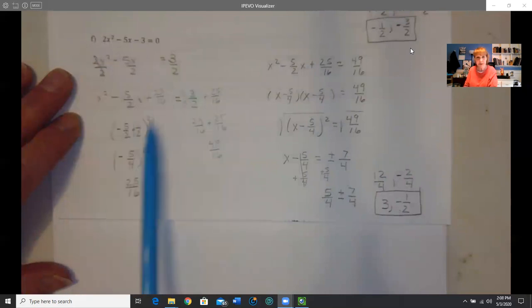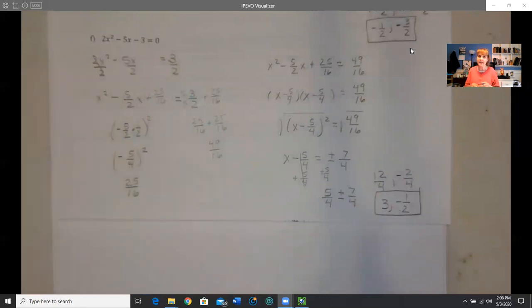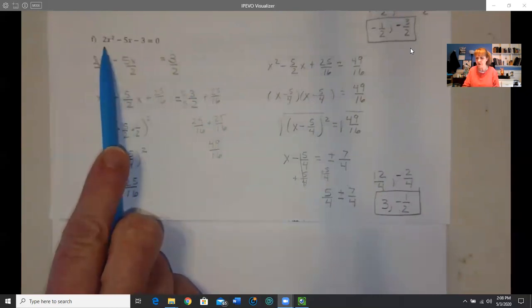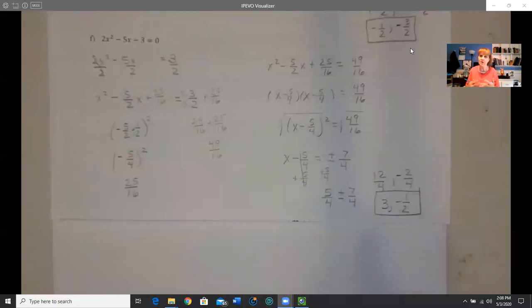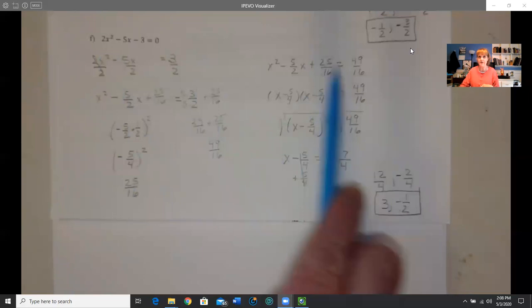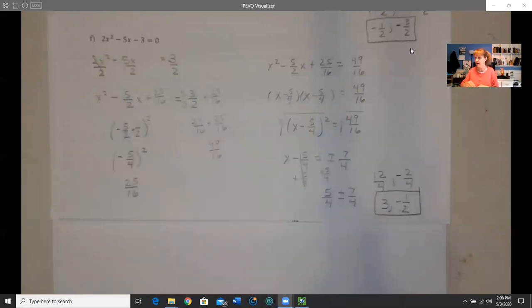So it can be done. But in a case like this, well, you could factor this one, but if you've got a leading coefficient, a lot of times it's much easier to use the quadratic formula rather than to go through all of this fraction work, all right?